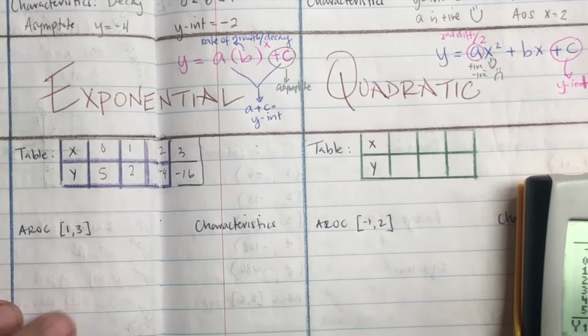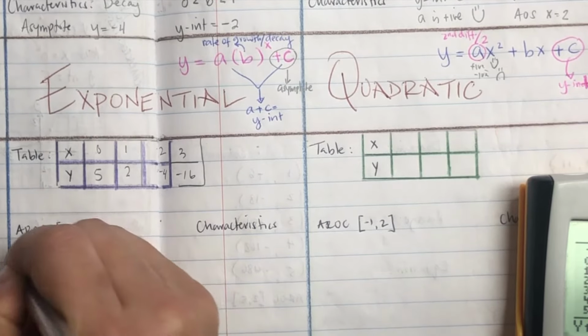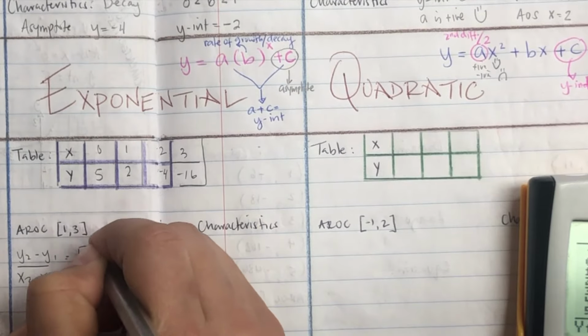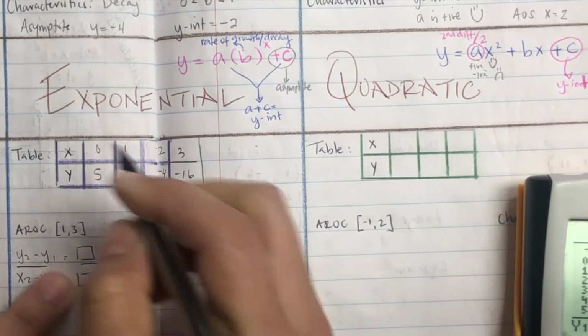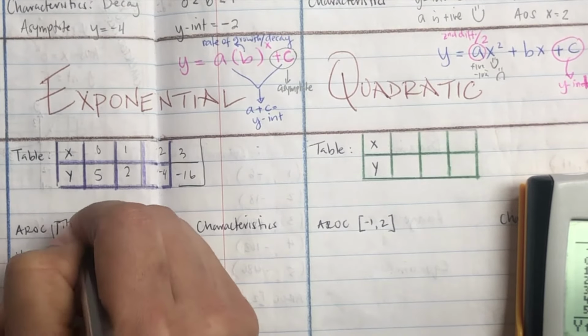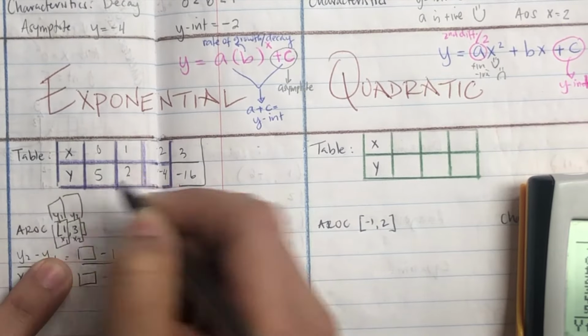Average rate of change formula says y sub 2 minus y sub 1 over x sub 2 minus x sub 1. I want you to draw with boxes, minus box, over box, minus box. Label x1, x2 with a box. Find me y1 with a box, y2 with a box.